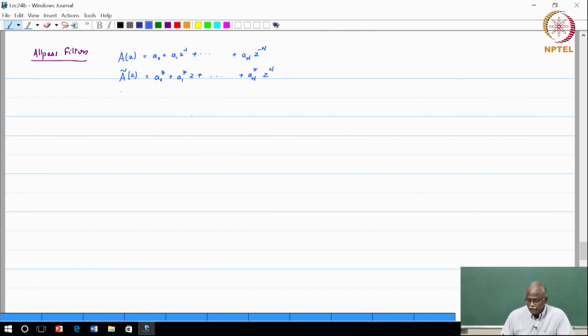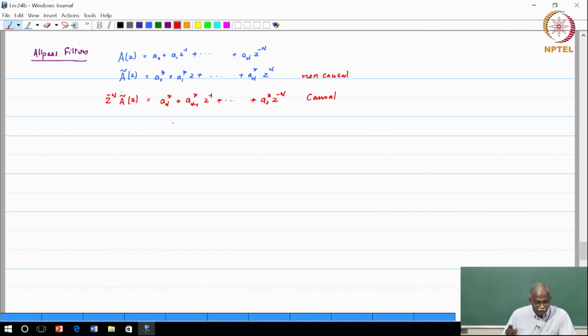Am I right? So this is non-causal. Okay, but if I do z power minus n times A tilde of z, then what do I get? I get a n star, a n minus 1 star times z inverse, dot dot dot, plus a naught star z power minus n, which is causal.